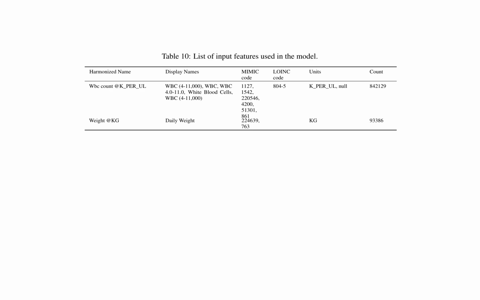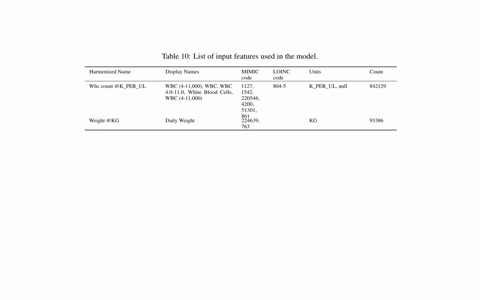Table 10 presents a comprehensive enumeration of the input features utilized in the model, providing a detailed overview of the harmonized names, display names, mimic codes, LOINC codes, units, and counts for each feature. The table lists 842,129 instances of WBC count, represented by various display names, including WBC, white blood cells, and WBC, 411,000, with corresponding mimic and LOINC codes, and units measured in K_per_UL.